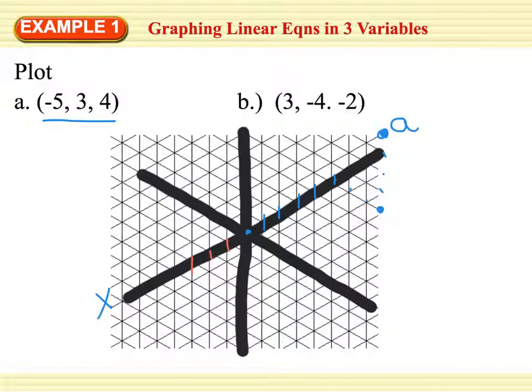So I have 1, 2, 3, 4. And then I'm going to go down 2 for the negative 2. So 1, 2, and that's going to put me right here for B.